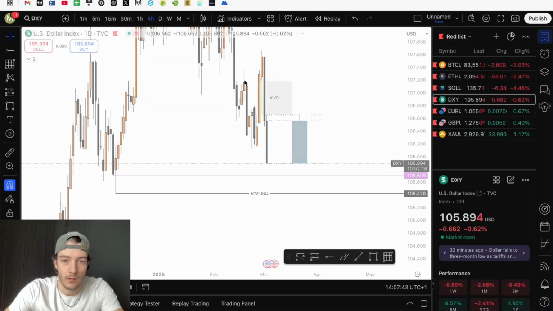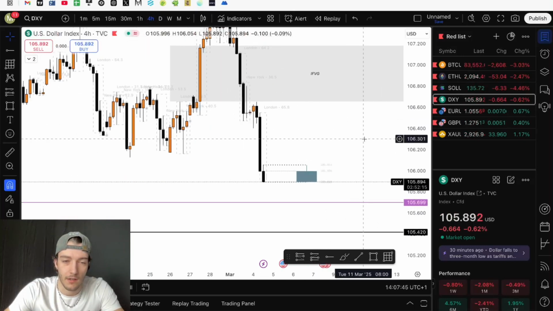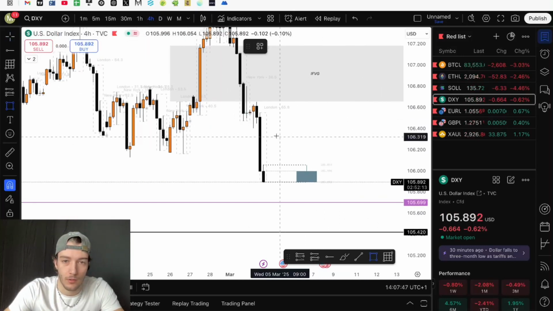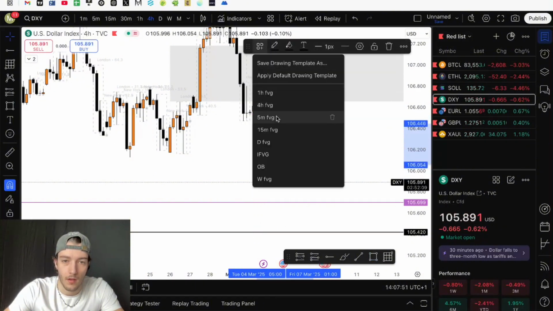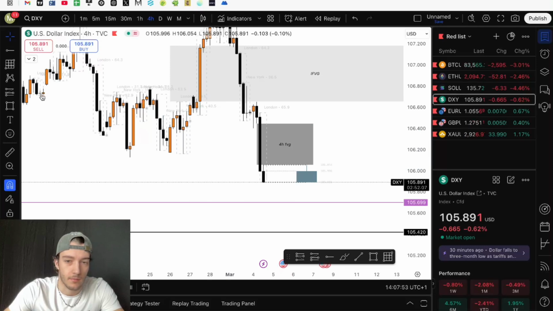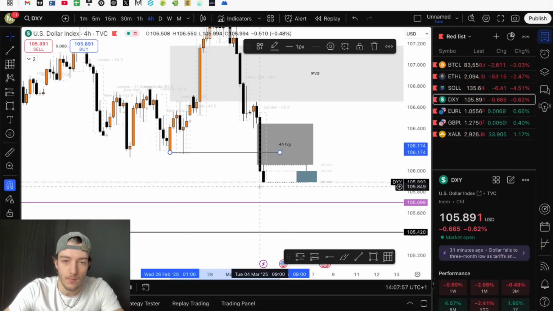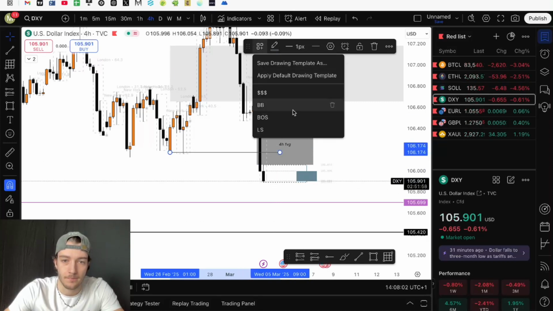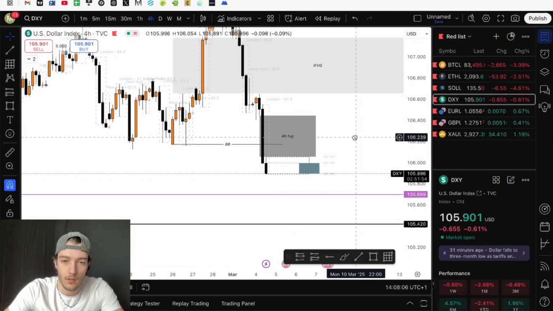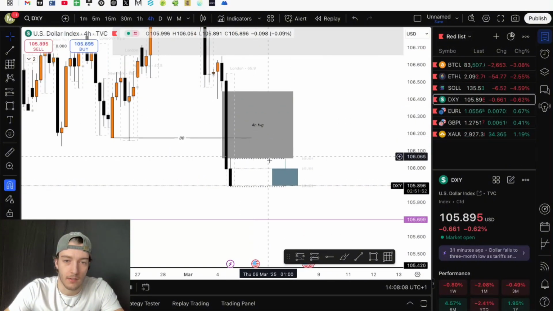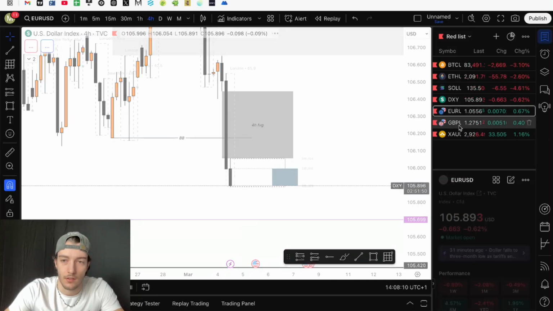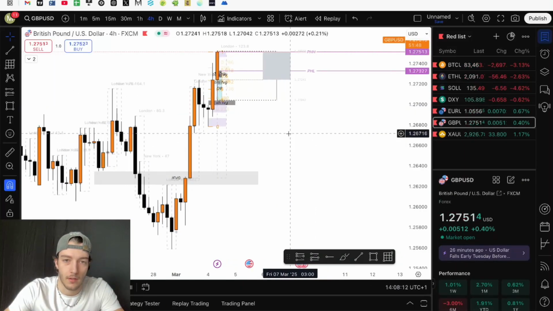So on the 4 hour, there is a 4 hour fair gap here, a bearish one that we formed during London, and there is this breaker area here which we can come back into and then move lower. Breaker block. So if the dollar gains strength, that's when the Euro and GU are gonna do the retrace probably.